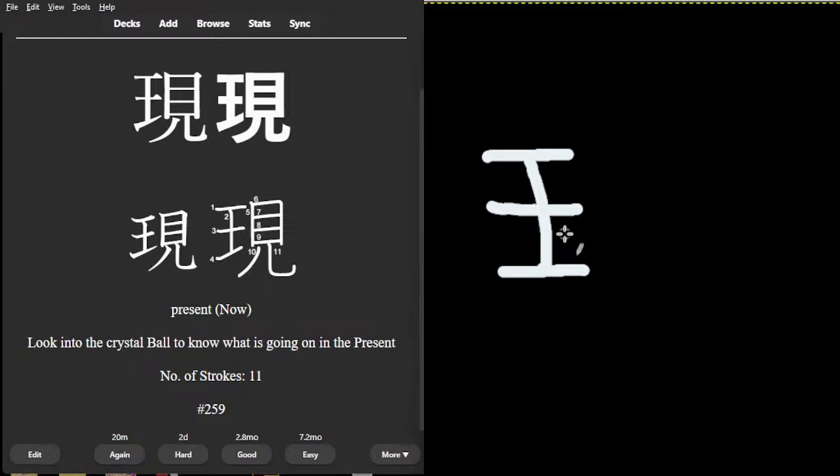This is like king. This is jewel. So that's why I used crystal ball. I think that was Heisig's sentence too. Sometimes I make up my own sentence, but sometimes Heisig has just a good one.